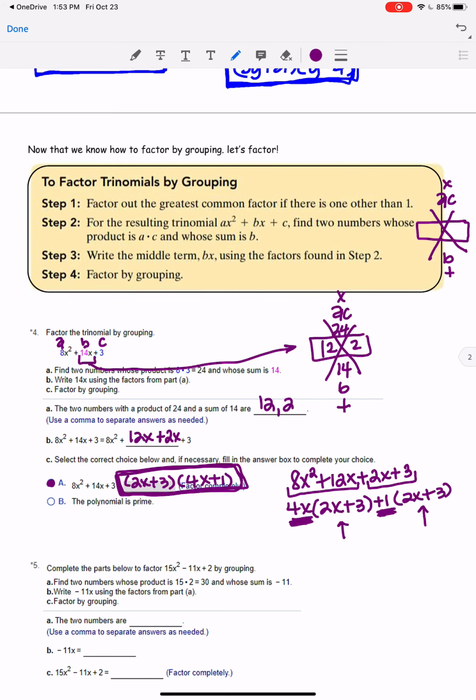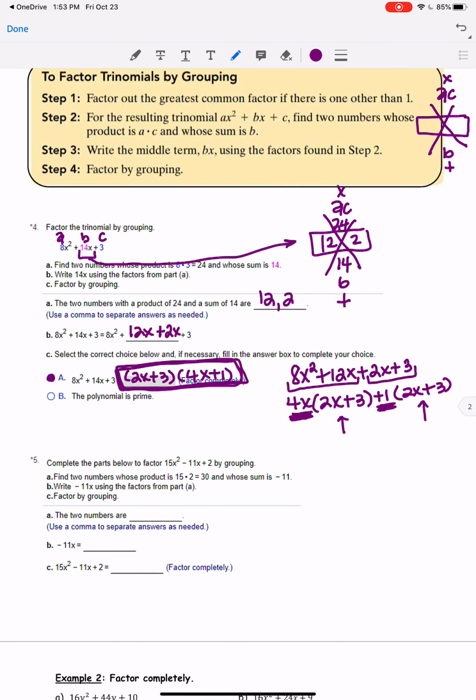Okay, let's try again. Part 5 also walks you through this, but it walks you through it a little bit differently, okay? So complete the parts below to factor 15x squared minus 11x plus 2. So part A, find two numbers whose product is 15 times 2 equals 30 and whose sum is negative 11.